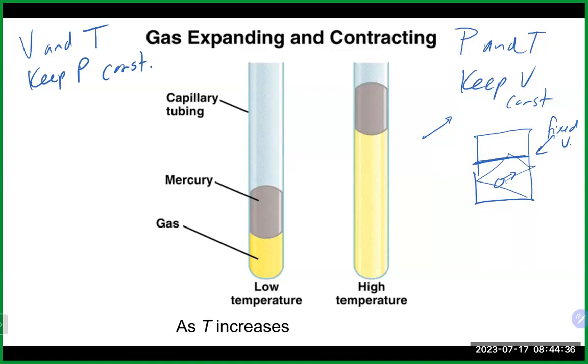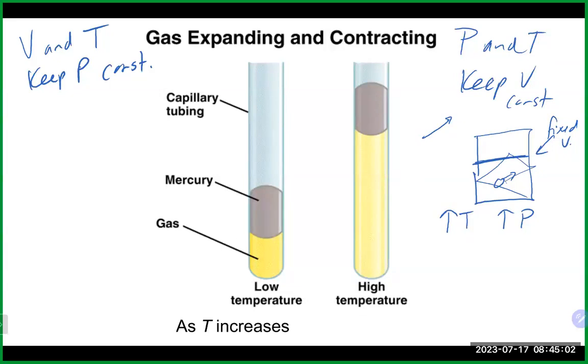And that's because the volume is fixed. It's not going anywhere. So if we increase the temperature, we increase the number of collisions, and we would expect the pressure to go up. Now, the opposite is true as well. If we lower the temperature, our gas molecules will have less energy, and they're going to be flying around slower.